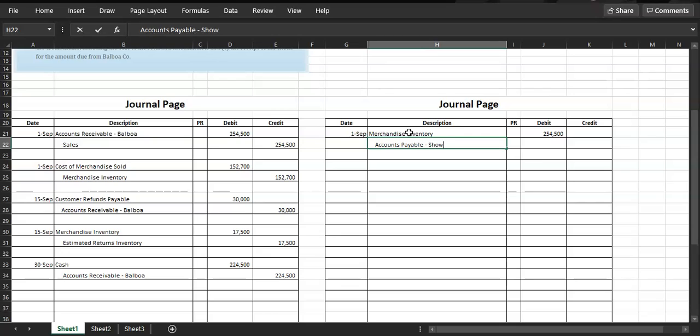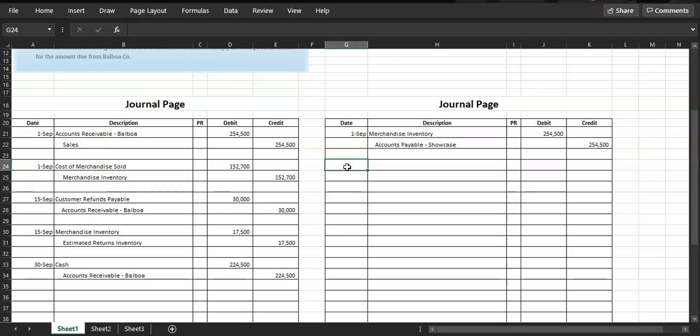I'm going to go ahead and put the name of the company that we owe, Showcase whatever, something. And we owe them $254,500. Now, that is all that's necessary from the purchaser's point of view. They got inventory and they owe money.